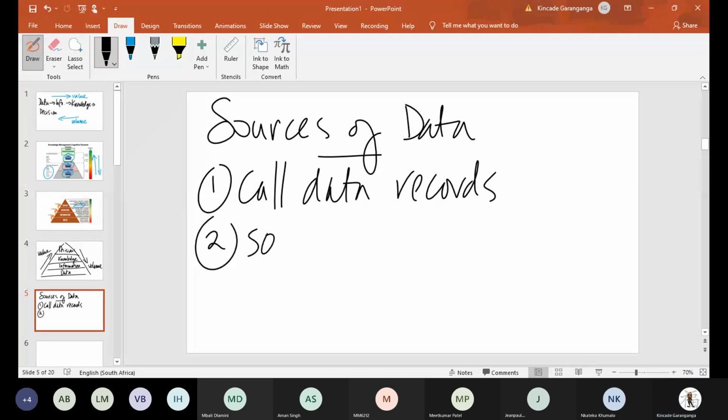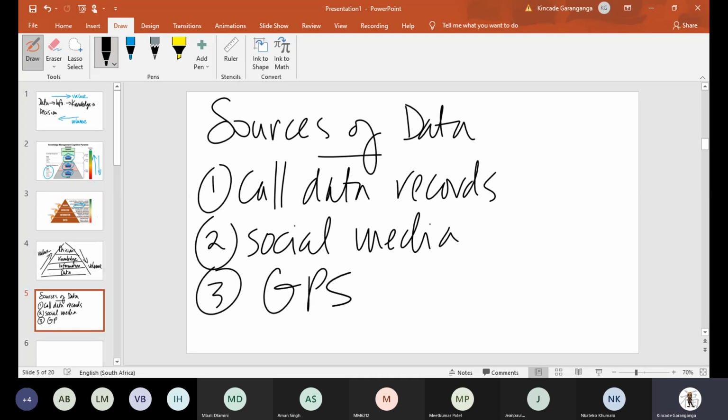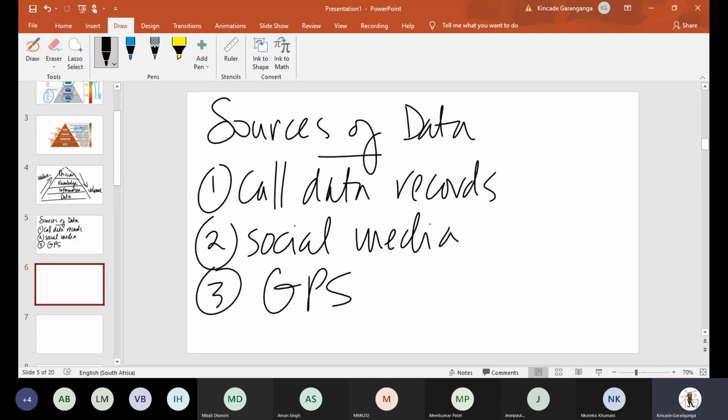You can also, may not be as accurate, but it's still applicable as far as collection of appropriate data is concerned, discuss your global positioning systems, your GPS, as typical examples.